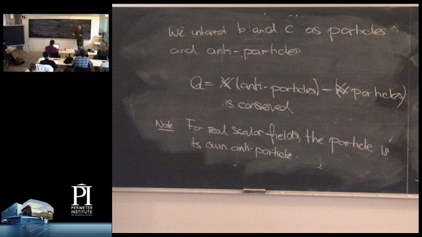A particle is its own antiparticle, so they can just annihilate with each other. And we'll see that usually that's what happens. If you have relativistic interacting theories with real scalar fields, the particles from the real scalar field just don't hang around that long. They typically annihilate with each other. And it's because there's no conservation rule protecting them.